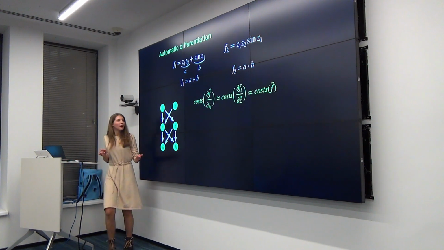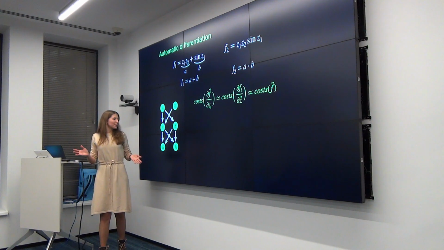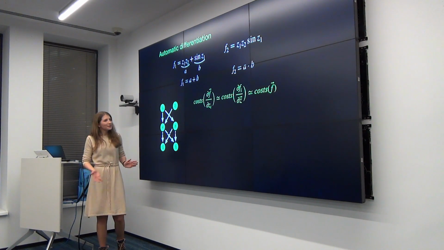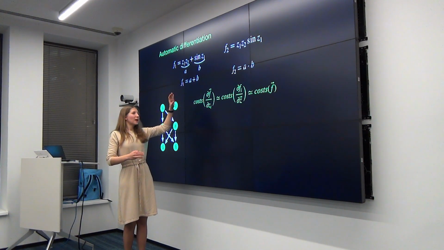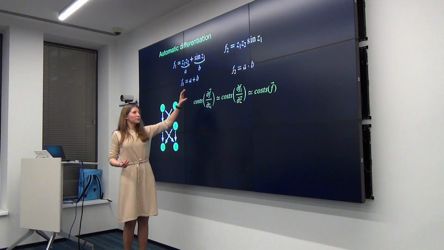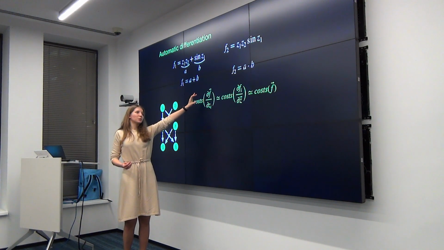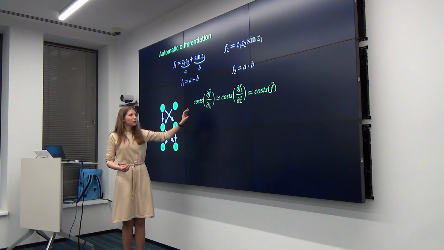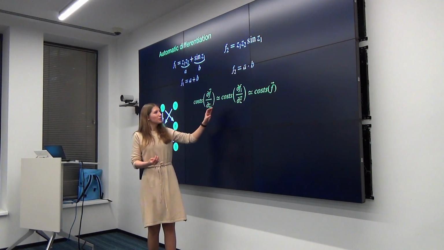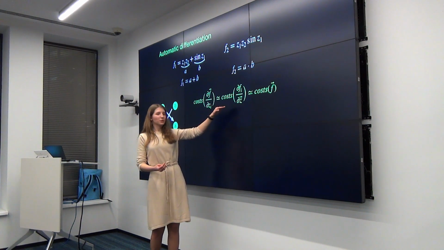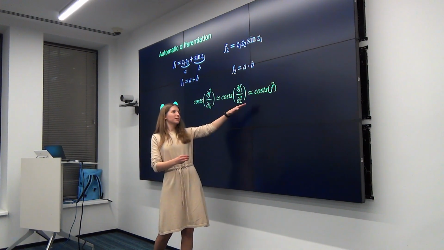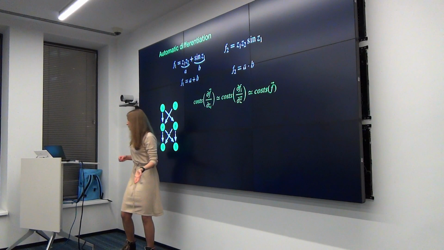Okay. And this is all we can do with our graph. So we understand that the cost of computing derivatives of the whole output with respect to one component of the input is approximately the same as computing derivatives of one component of the output with respect to the whole input, and approximately the same as computing the f.